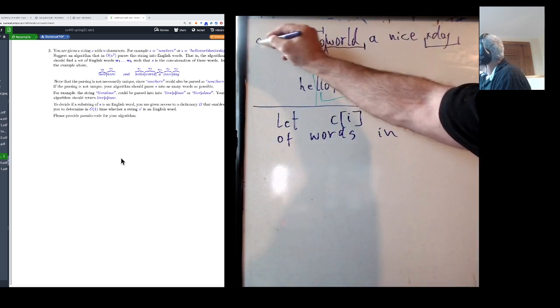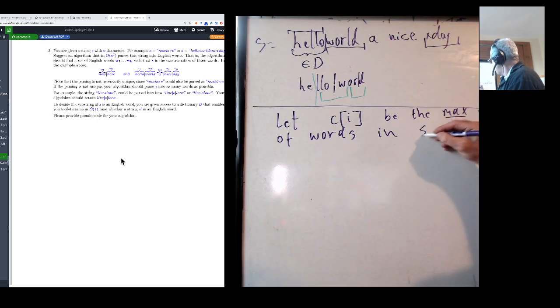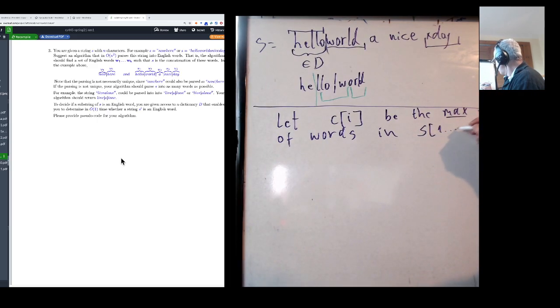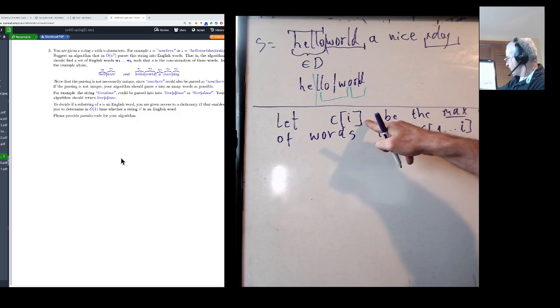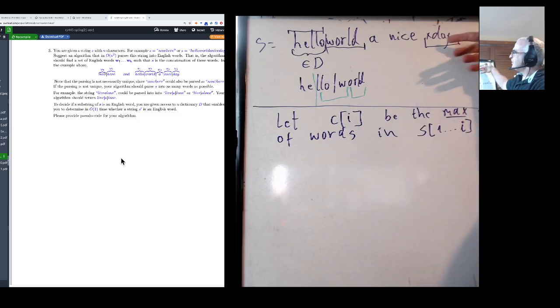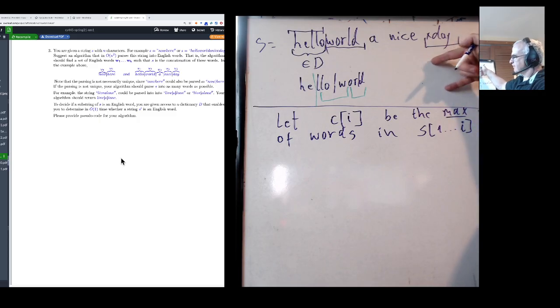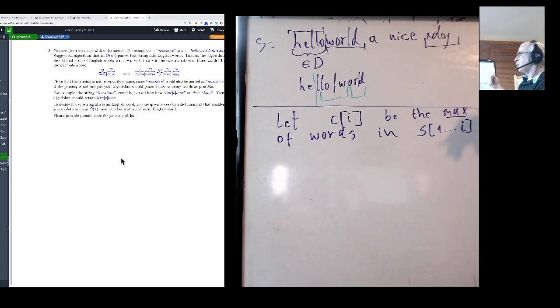If this is S, then in the text S of 1 dot dot dot I. That is, the problem with exponential search was caused because you did not use any memorization. You did not remember which sub-words can form together, which substrings are a good starting point.